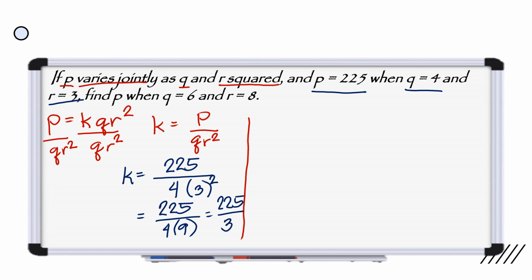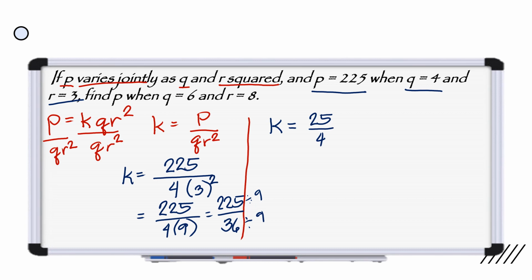over 36. So, in this case, this one is not divisible. So, in this case, 225 at yung 36 ay divisible sa 9. So, 225 divided by 9 ay 25 over 36 divided by 9, which is 4.